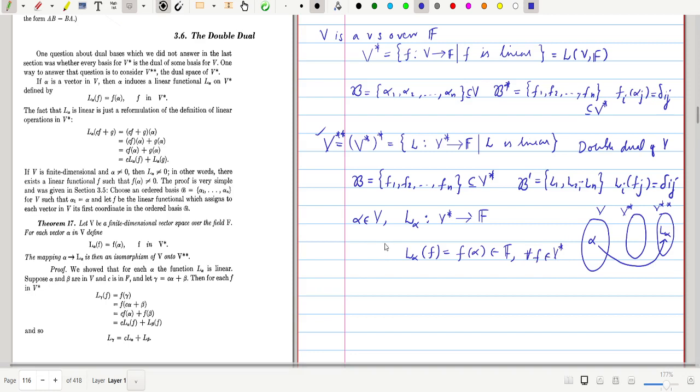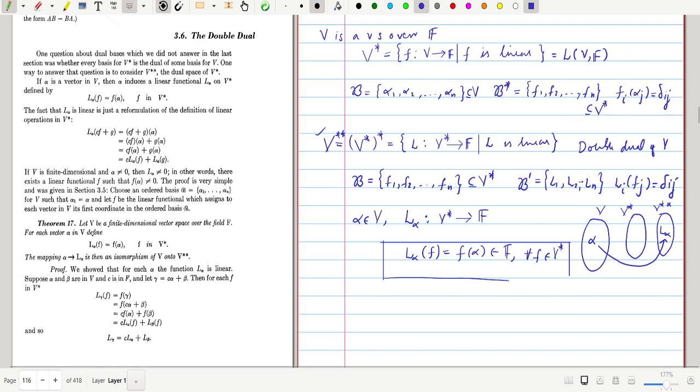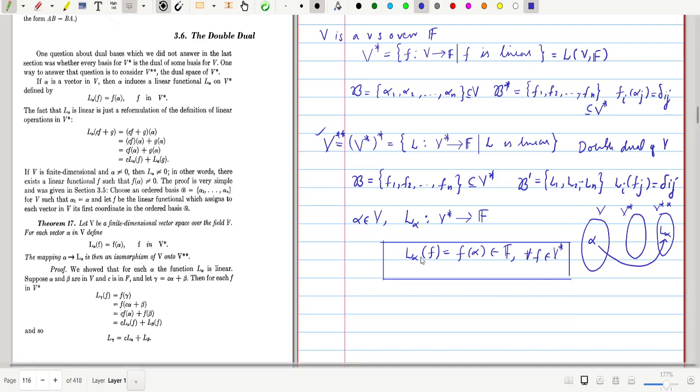So this defines a linear functional from V star to F, denoted by L alpha. So each element alpha induces a linear functional from V star to F. That means for each alpha belonging to V, we can define an element L alpha in V double star.